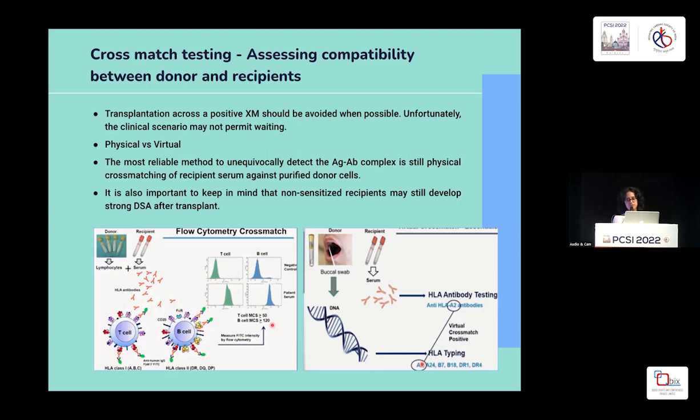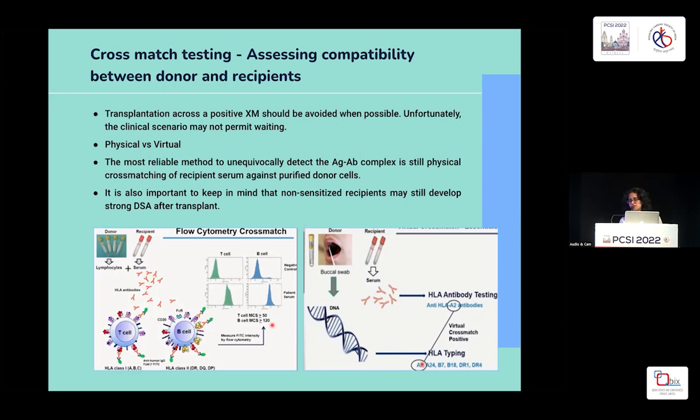We usually receive the results of these tests 48 to 72 hours down the line, and we do not have the luxury of doing virtual typing, but this is something we need to work upon. In virtual typing, we just need to know the HLA type of the donor, and we look for those antibodies within the recipient preemptively, before an organ is taken.